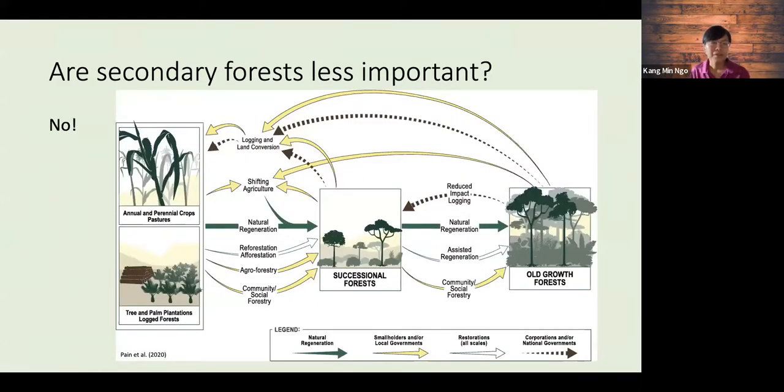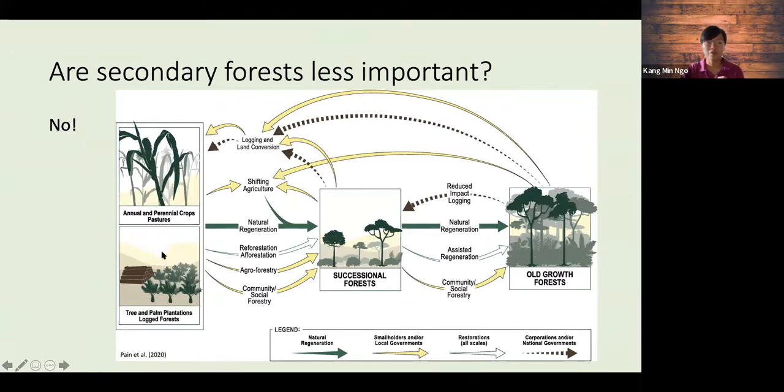So I showed the difference between primary forests and secondary forests. And I said that secondary forest has less diversity, less carbon, but is it any less important? Actually, no, because successional forest or secondary forest is actually the middle point between old growth forest or primary forest and other kinds of land use like urban centers, or if we were not living in Singapore, we lived in Malaysia or Indonesia, they have a lot of plantations, crops, and pastures.